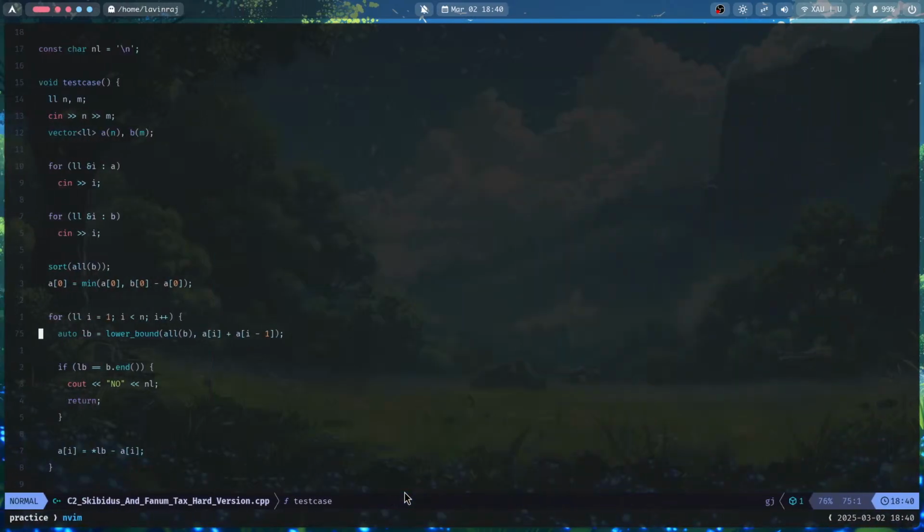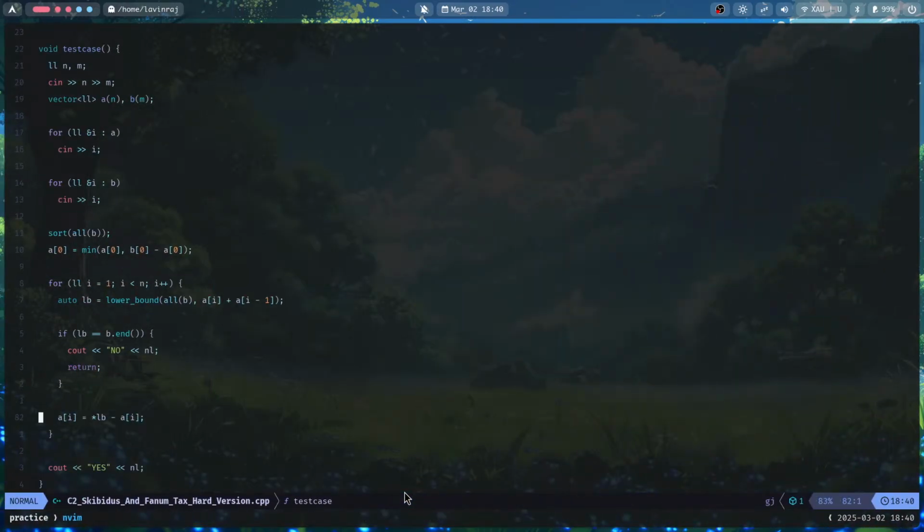Let me just do a dry run on my code. Hmm. Okay, that's the minimum element for sure. And this is A[i] plus A[i-1].